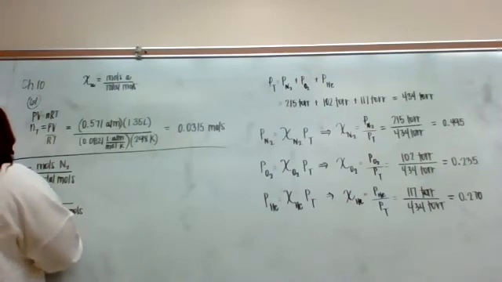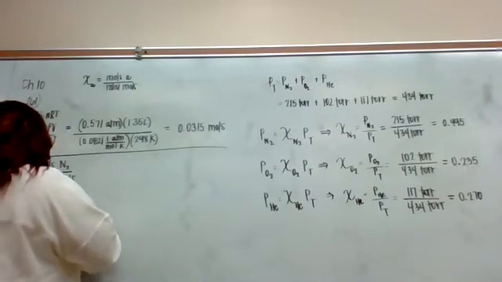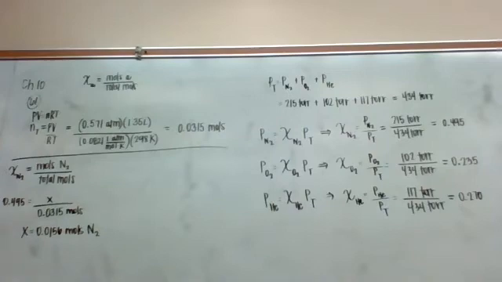So multiply both sides by 0.0315 moles. I got 0.0156 moles of N2.